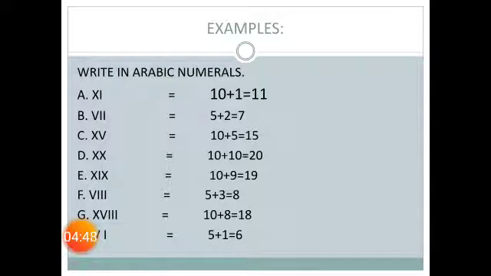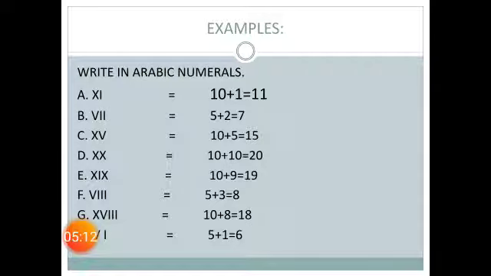Number F part, VIII. V is represented by 5 and I is 3 times, so 1 plus 1 plus 1 is equal to 3, and 5 plus 3 is equal to 8, or VIII is represented by 8. G, XVIII.